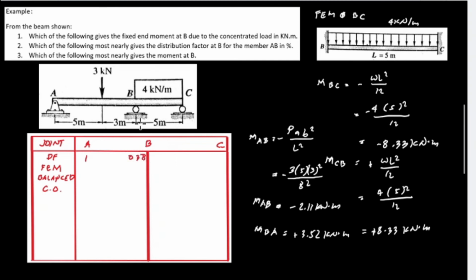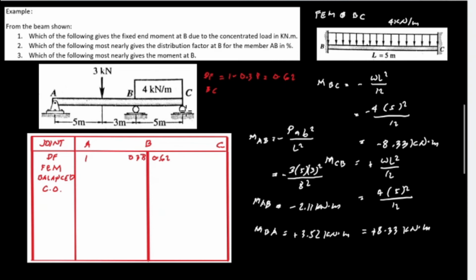The distribution factor for a roller is also 1. So 1 minus 0.38 is equal to 0.62, and that's the distribution factor for BC, for a total of 1.0.